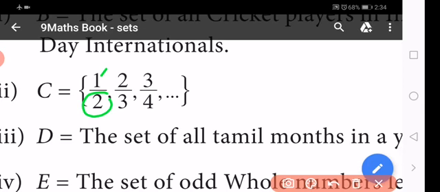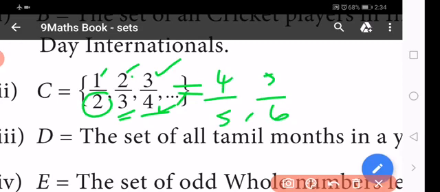In the second number, the numerator is 2, the denominator is 3. That means adding 1 to the numerator, we get the denominator. And the third number also, adding 1 to the numerator, we get the denominator. So the third number is 3 by 4. Then what is the next number? That is 4 by 5. Next number 5 by 6. Next number 6 by 7 and so on.